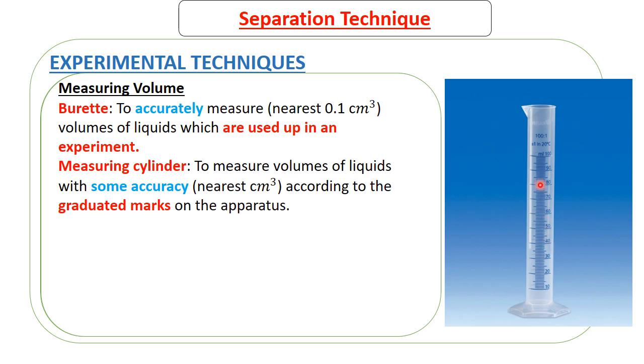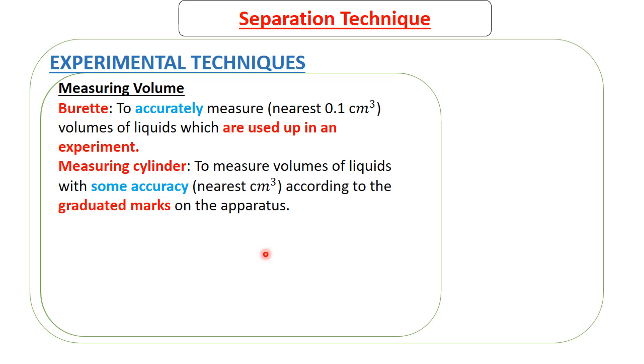So you can now transfer this to whatever solution, wherever you want to take it. But the point is, it is used to measure volumes of liquids with some accuracy according to the graduated marks on the apparatus.